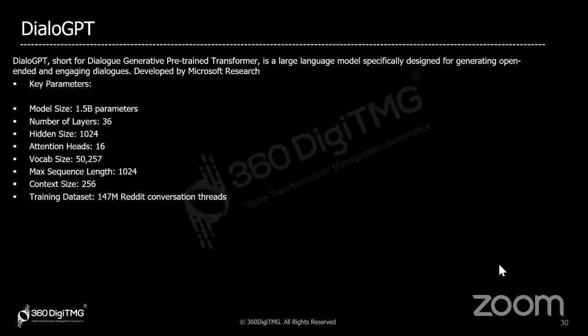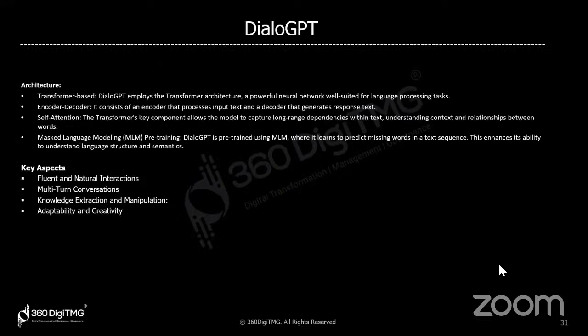The key parameters are, it has been trained on 1.5 billion parameters. Number of layers is 36. As you can see, the training data set is 147 million Reddit conversation threads. So this is all our configuration of key parameters.